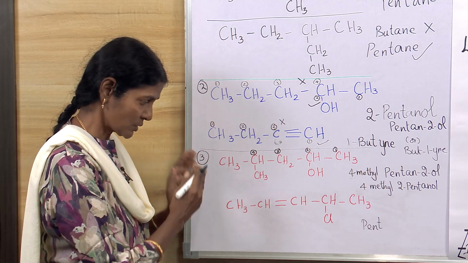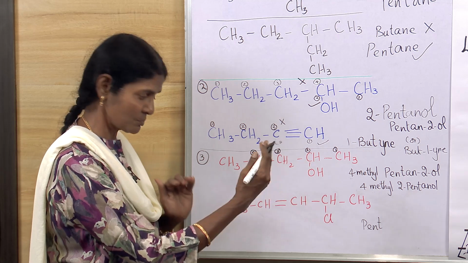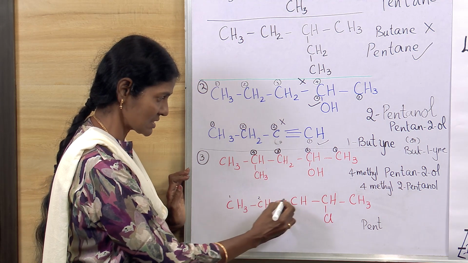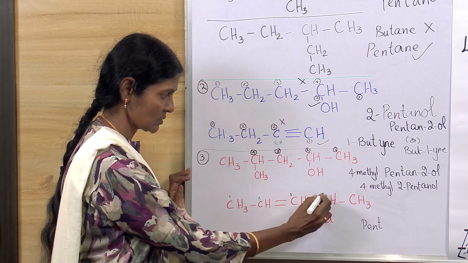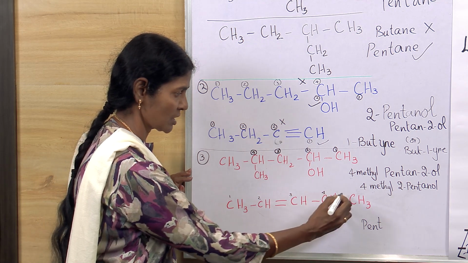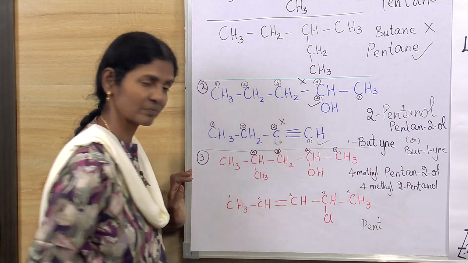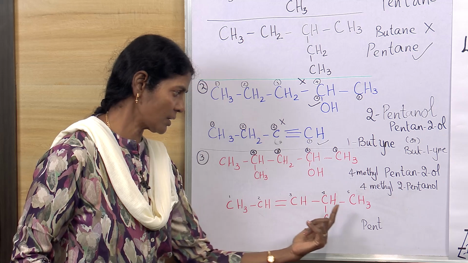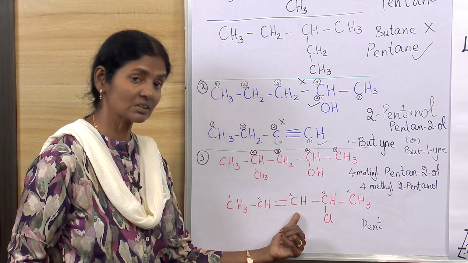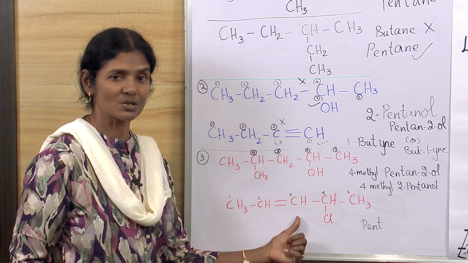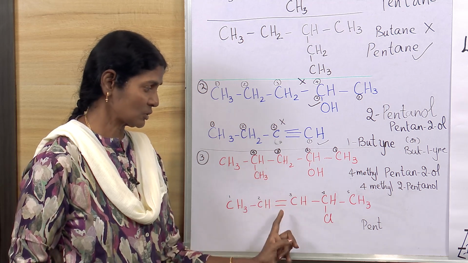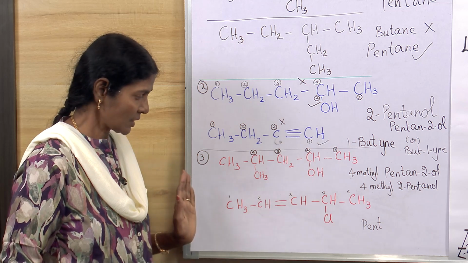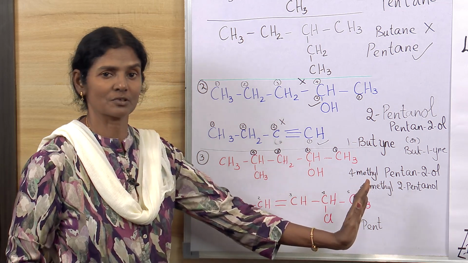So we start counting from left to right, because when you count from left to right, this gets the second position and the chloro group gets the 4th position. When you count from right to left, it would be 1, 2, and it would be in the 3rd position, which is not correct. Least number to the functional group. So 2 is lesser than 3. Therefore, we count from left to right.